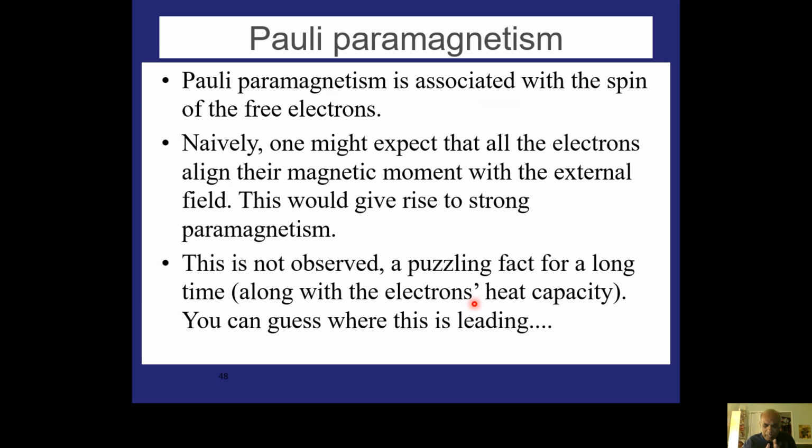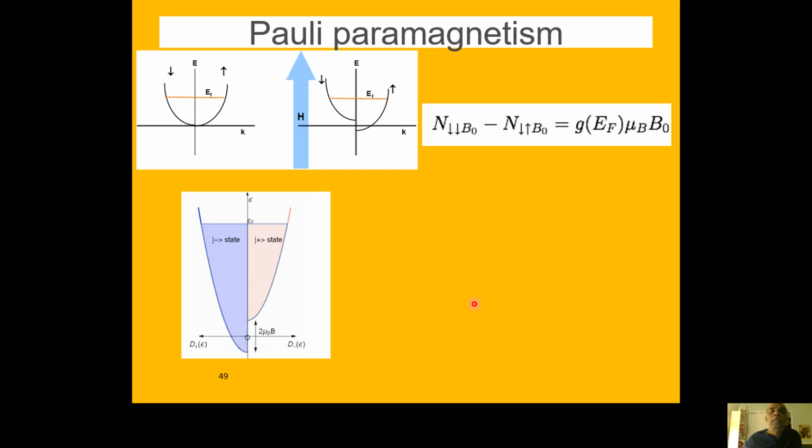But now if you have a magnetic field, we have to think about how the spin up and spin down electrons are going to be influenced by that field. That will change your density of states for spin up versus spin down states. That's how Pauli paramagnetism is calculated.